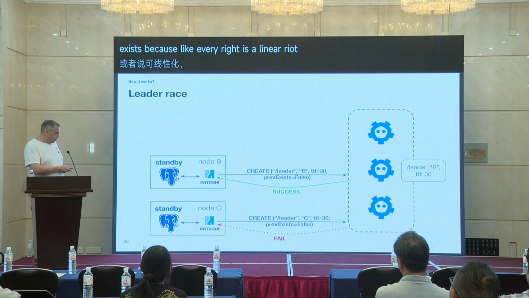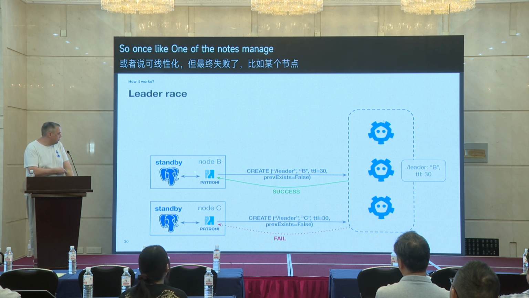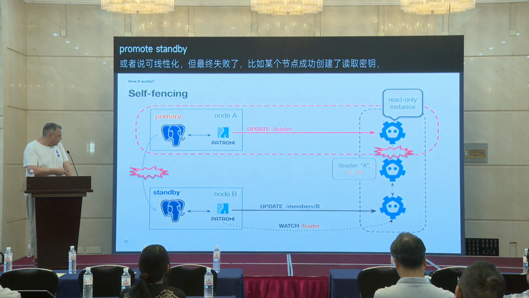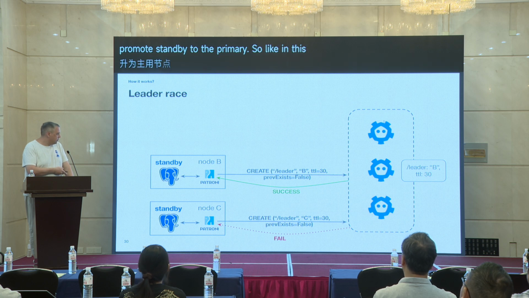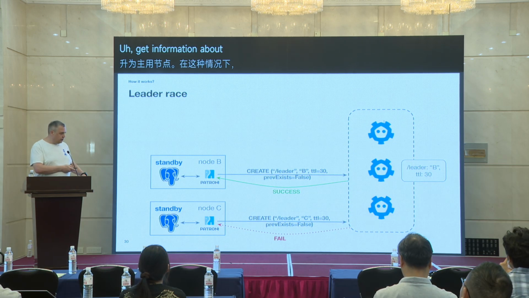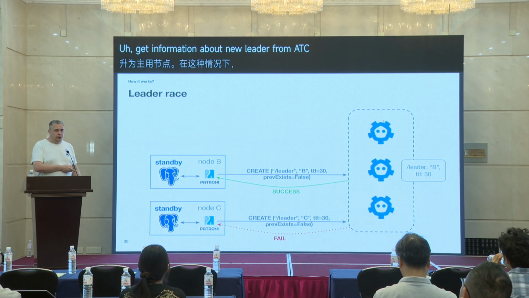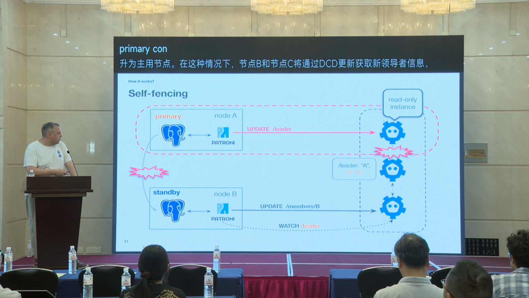And once one of the nodes managed to successfully create the leader key, it will promote its standby to the primary. In this case, it's node B. And node C will get information about the new leader from etcd, update its recovery conf or primary conf, and start replicating from the new leader.